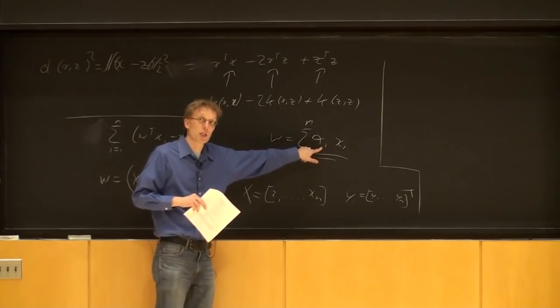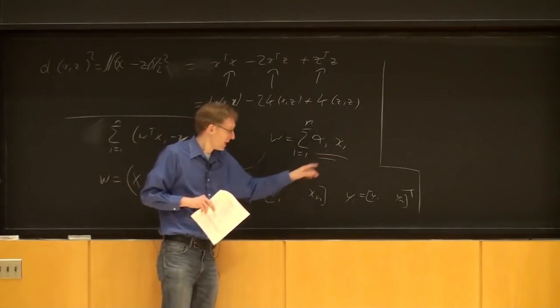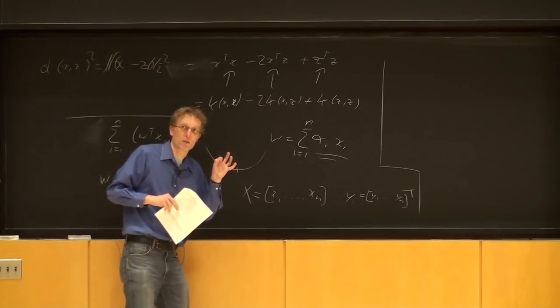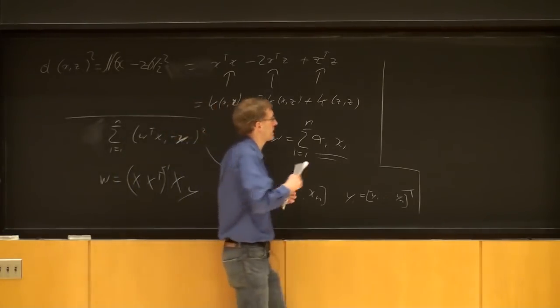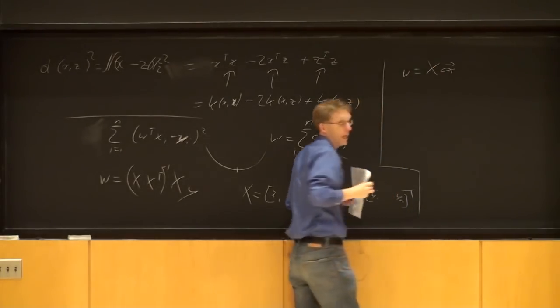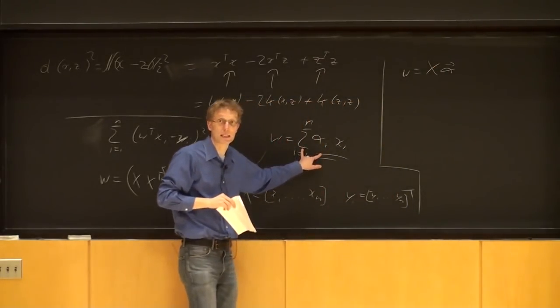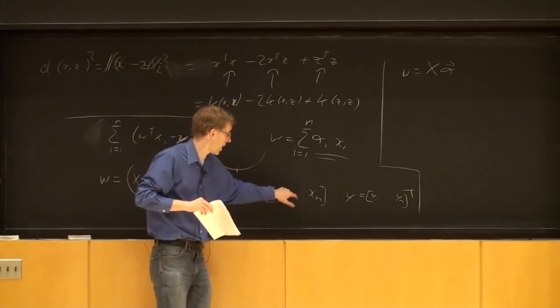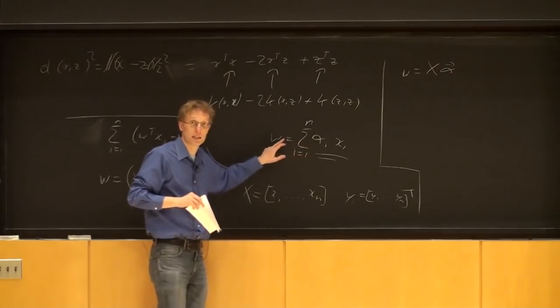If you write this in matrix notation, this means we take every column of x and multiply by one alpha value. So W equals X times some vector alpha. That's exactly the same thing as this, all right? We take this vector alpha, multiply every single column, and sum it up. So these two are equivalent.